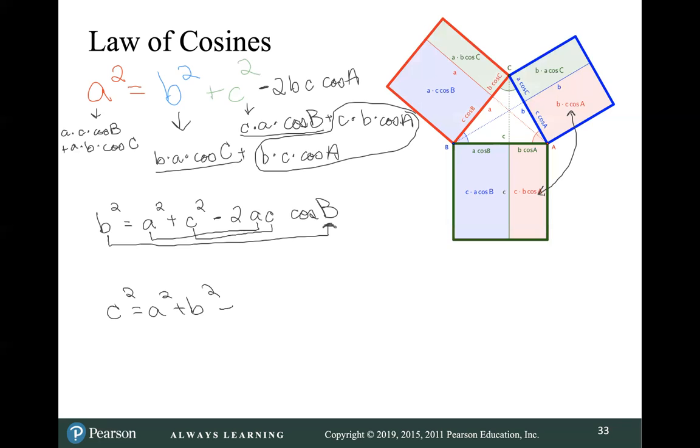So then we have to subtract out 2ab, from the same side of the equation, times cosine of the variable that we have solved for on the other side of the equation, but as the angle. Okay, and that is the law of cosines.